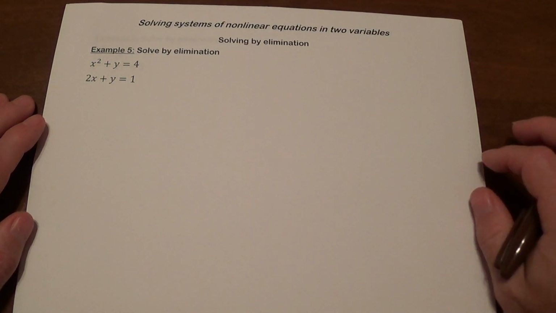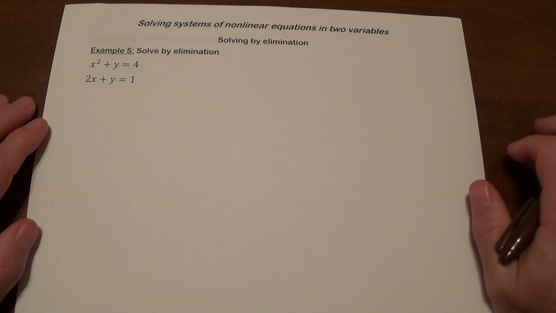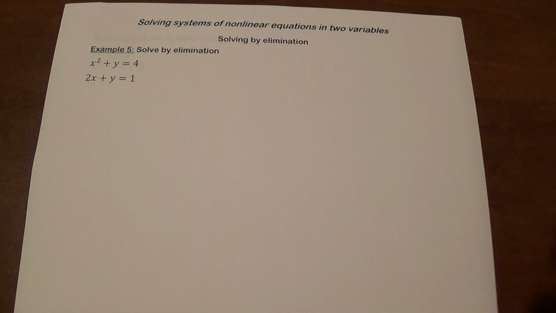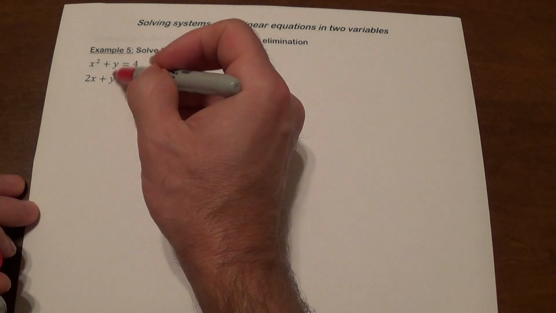Now we're going to talk about solving problems by elimination. When you solve by elimination, just like with linear systems, you want to eliminate one of the variables. You always look for a way to either add or subtract that will allow you to eliminate your variable. If you look at this one, we have y and y.